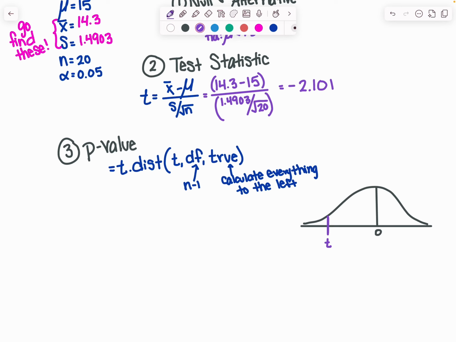We want the probability of being at this t-score, this value, or even further away. So that's why we need the true. We don't need the true with the other t.dists because it's assumed from Excel that we want a shaded region, not just an individual value.